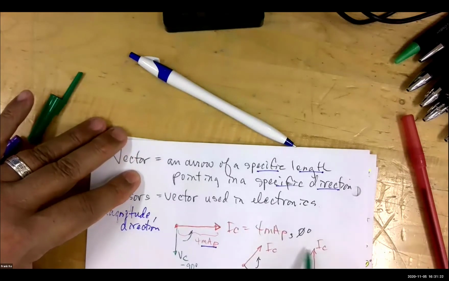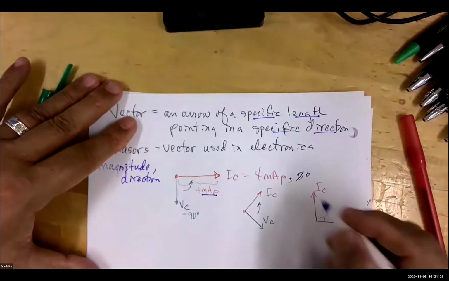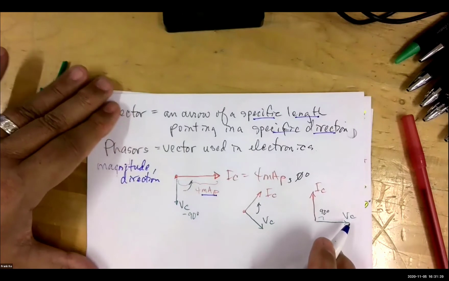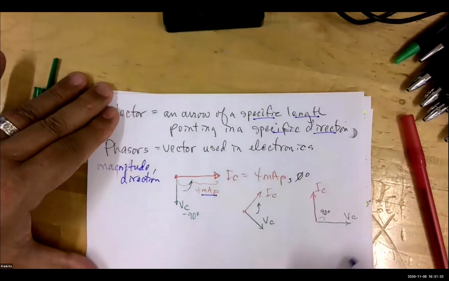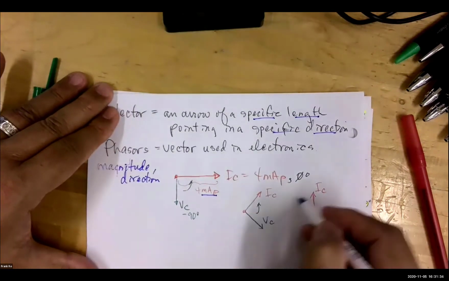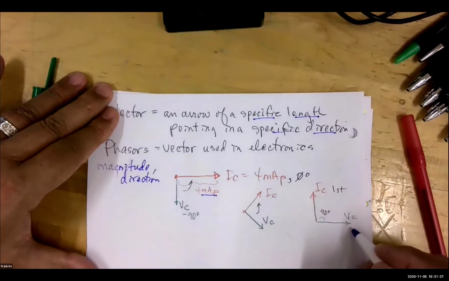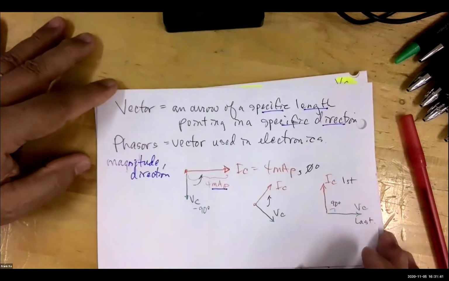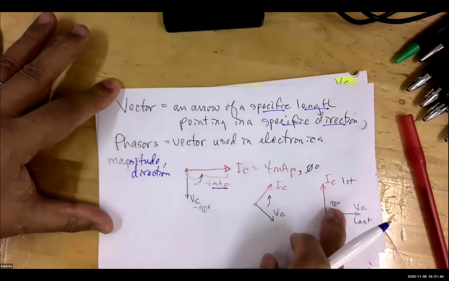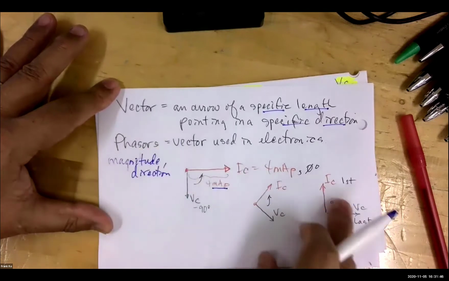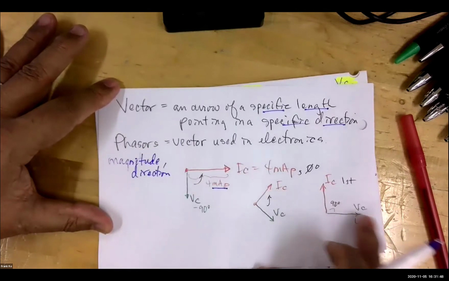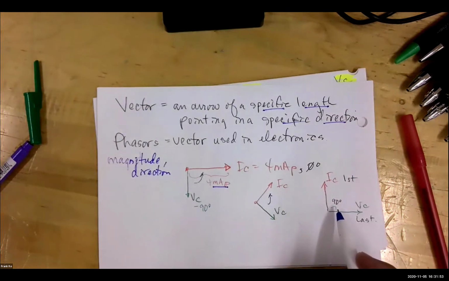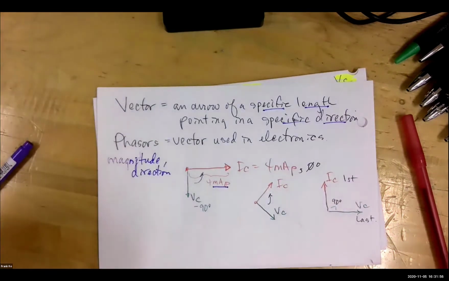There is a 90-degree difference between these two phasors, 90 degrees right there. Which one came first as this drawing is rotating? This was first, and this was last, okay? So there is a very unique and specific phase difference with respect to our quantities in electronics. We're going to be able to see this using an O-scope. We're going to be able to do all the measurements in just a moment.